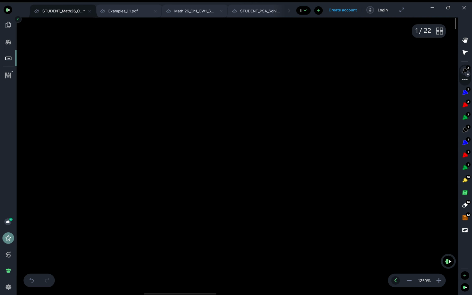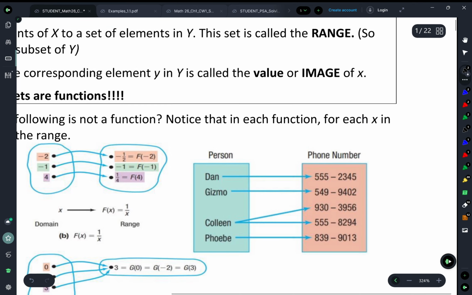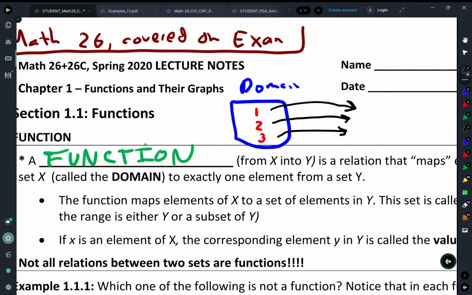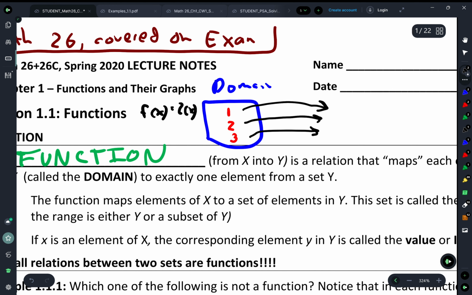So for example, if my function was f of x equals 2x, then when I plug in 1, I get 2. When I plug in the number 2, of course, I get 4, and so on.